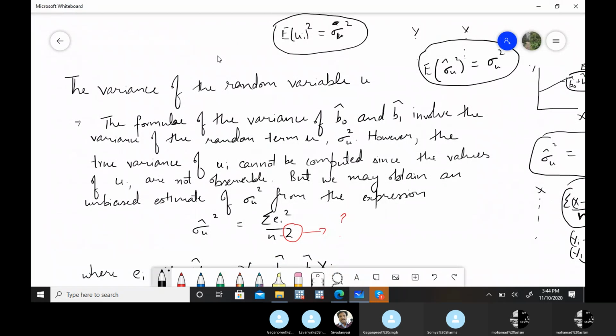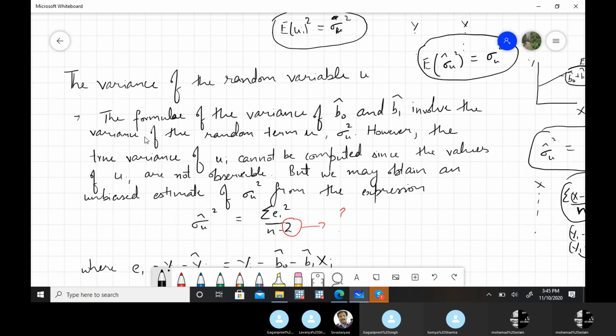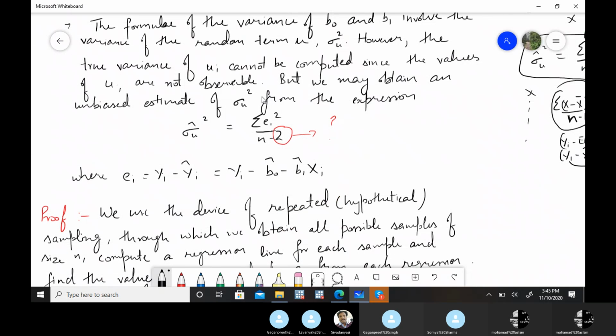Okay, so the variance of the random variable, the residual which we are taking. Now this is the variance formula, right? As I explained, in simple variance we have the summation of x minus x mean, its square, divided by n minus 1. Similarly, if we have a residual term, its square, its summation, divided by n minus 2.